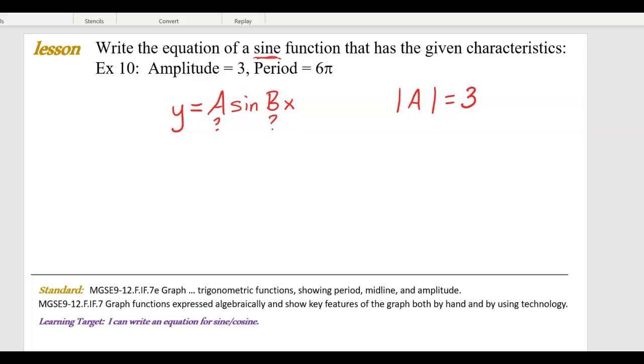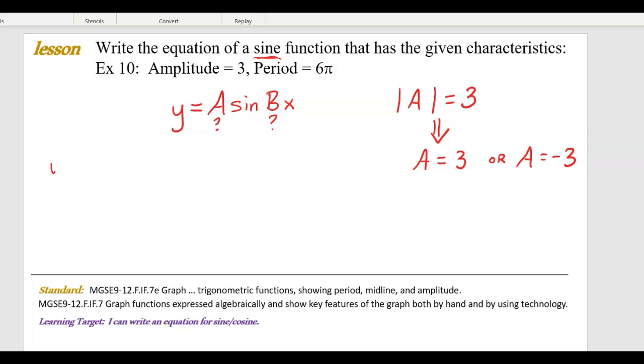Okay? So this is where it gets a little tricky. If the amplitude, the absolute value of a number, equals 3, and it's been a while since maybe you've done absolute value, so what can A be? A can either be 3 or A can be negative 3. It doesn't matter whether I put in 3 or negative 3, the amplitude will be 3.